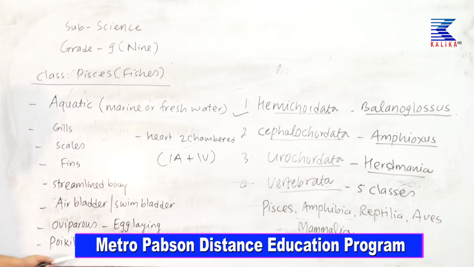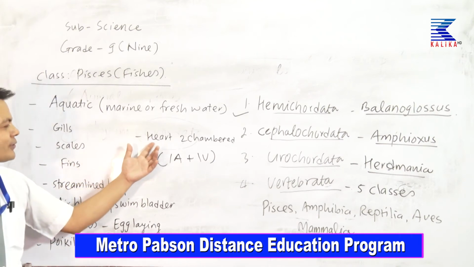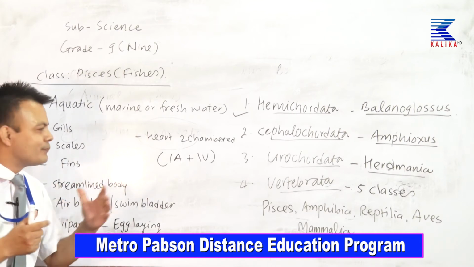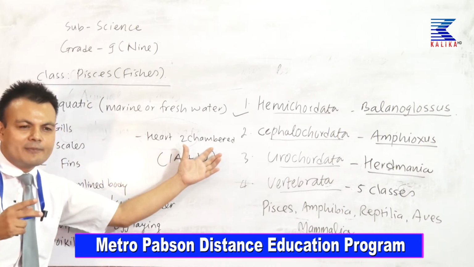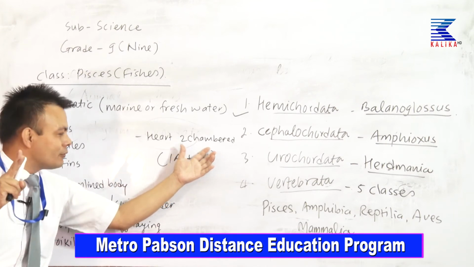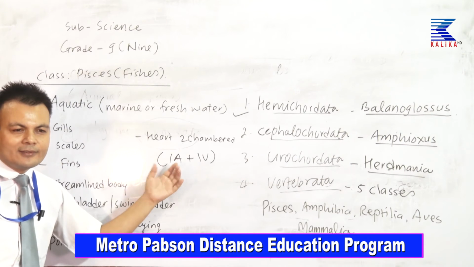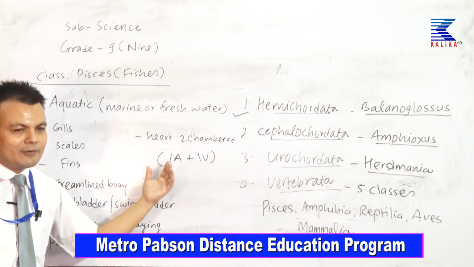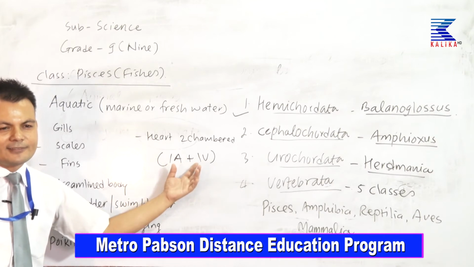So poikilothermic is a technical term. And they have got the heart, and the heart is responsible for pumping the blood, but the heart is two-chambered. How many chambers of the heart are there? Two, and out of two, one is auricle, the upper chamber, and the lower one is the ventricle. One auricle and one ventricle.